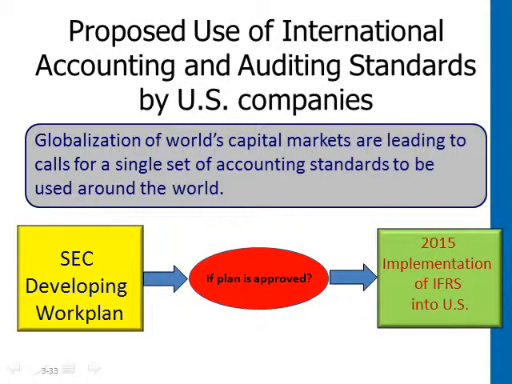But it's a pressing problem as globalization continues. Currently we see a 2015 target date for implementation of the IFRS in the U.S. I suspect, given the complexity of the issues and the problems that have surfaced, that even this 2015 date will change.